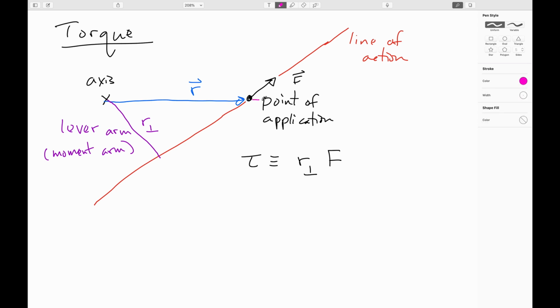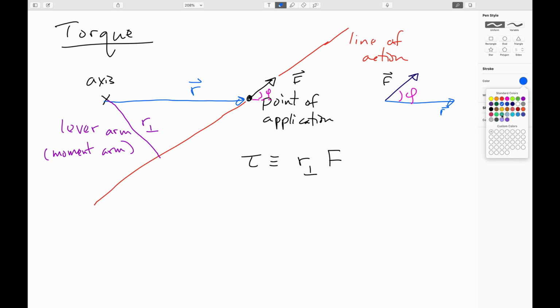If we say that this angle here is phi, and I move the position vector so that it shares a common tail with the force vector like so, here's my angle phi. So there's the force, there's the position vector.